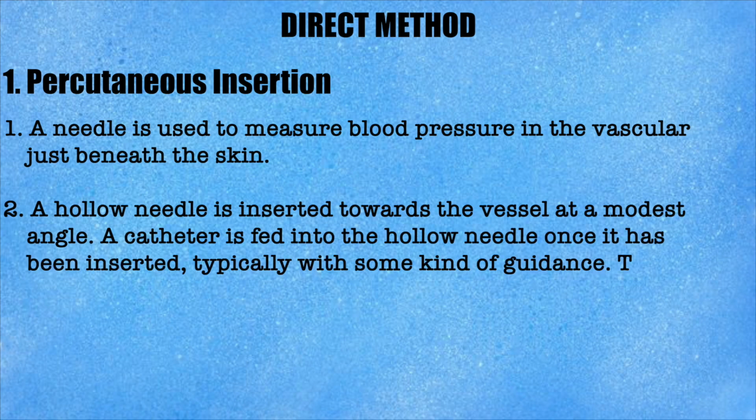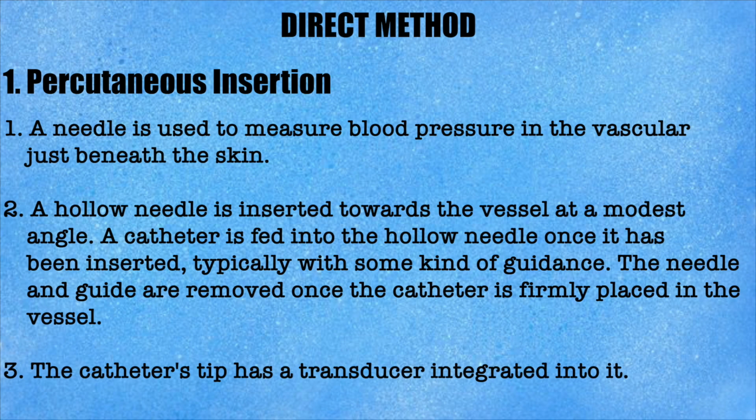In this method, a needle is used to measure blood pressure in the vessel just beneath the skin. A hollow needle is inserted toward the vessel at a modest angle. A catheter is fed into the hollow needle once it has been inserted, typically with some kind of guidance.